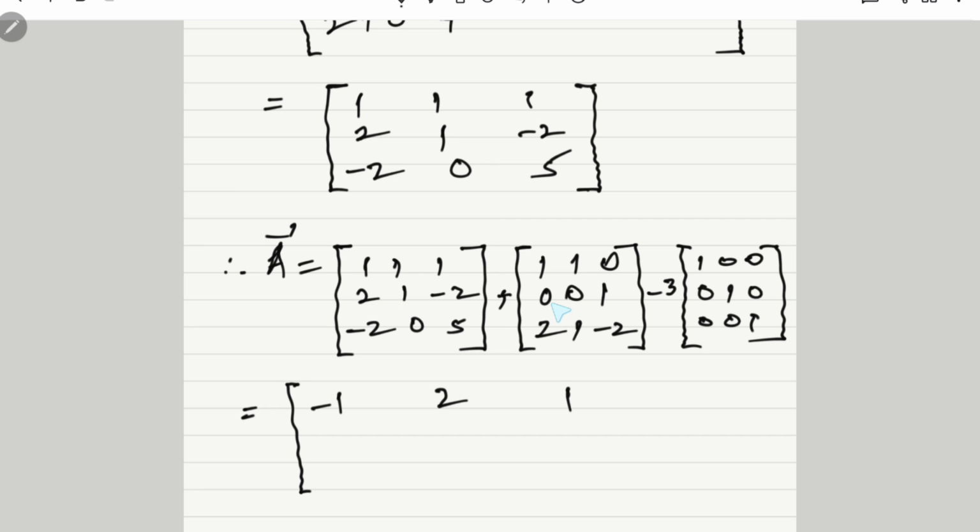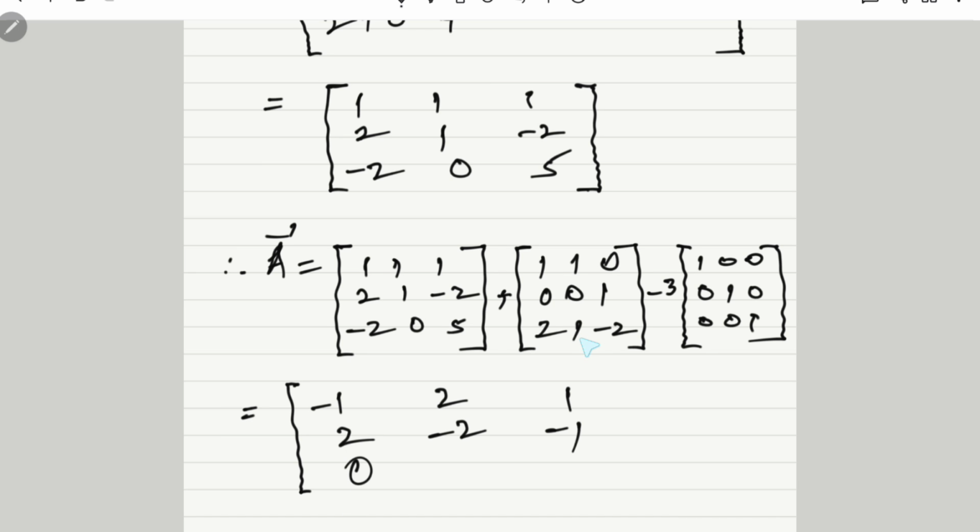Then 2, 0. 2 plus 0, 2 and minus 0 means it is 2. Then 1 plus 0, 1 and minus 3. 1 minus 3 we get minus 2. Then minus 2 plus 1, minus 1 and plus 0. Therefore minus 1. Next minus 2 plus 2, 0 and minus 0. We get 0.